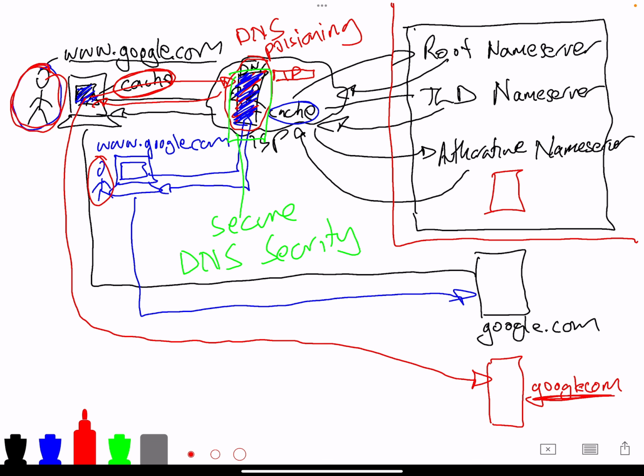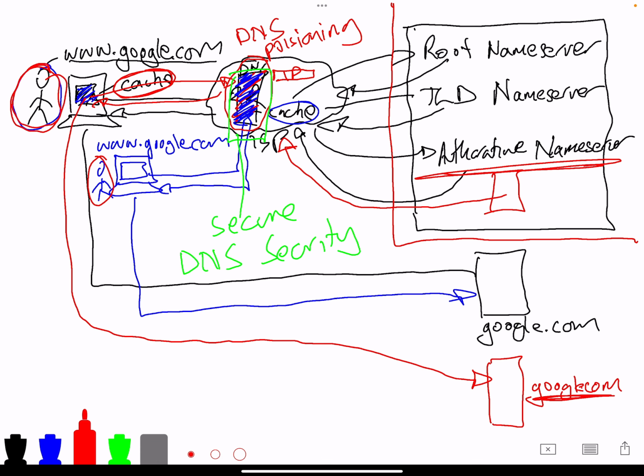Basically the ISP would get information back from this fake authoritative name server. So we basically broke into this model, but at the lower end, at the authoritative name server level, and we trick it that way.